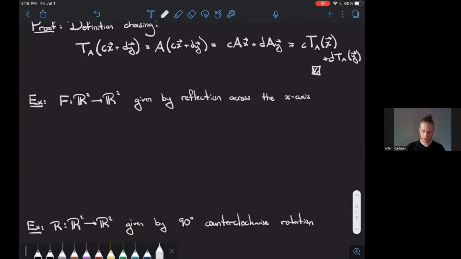So we're looking at this transformation F. I'm almost 100% sure F stands for flip, because it's the linear transformation which takes a vector and reflects it across the x-axis. So F of (x, y) is the thing that you get when you negate the y component of that vector. So it's going to be (x, negative y).